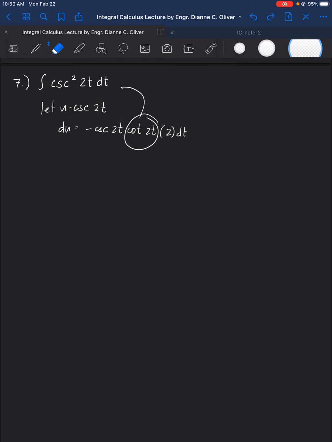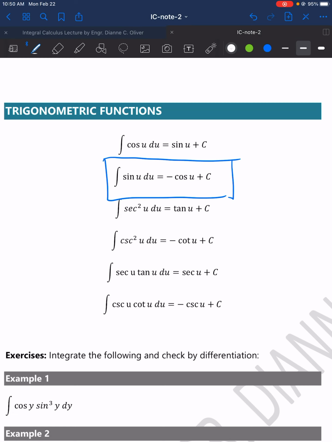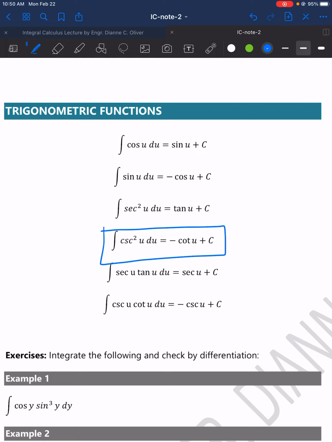Therefore, again, just like we did with number 6, we will use the pattern for trigonometric functions. So since the given is cosecant squared 2t, what we are going to use here as a pattern is this: the integral of cosecant squared u du is equal to negative cotangent u plus c.